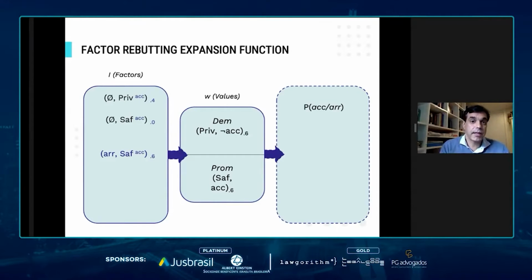Now, to represent a contraction, let us suppose then that we have this as our previous position, and we delete the arrest and safety. So we had before that the promoted values beat the demoted values, making the action permitted.